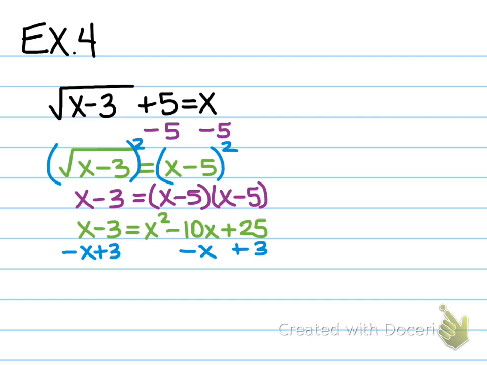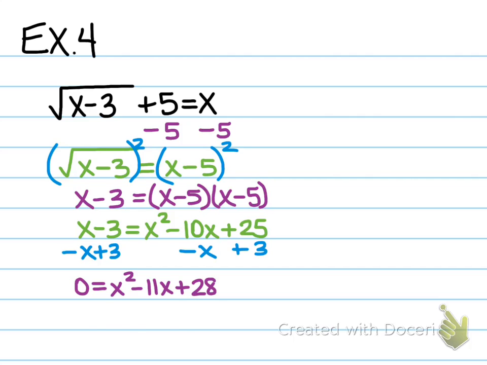So I'm going to subtract x and add 3 to the other side. So this will give me 0 equals negative 10x and a negative 1x will be negative 11x. 25 plus 3 will give me 28. So x squared minus 11x plus 28.